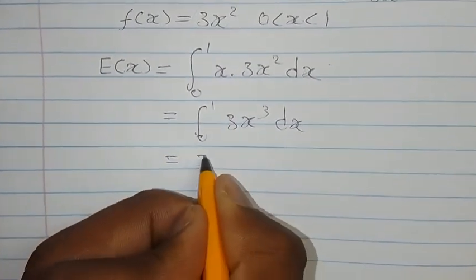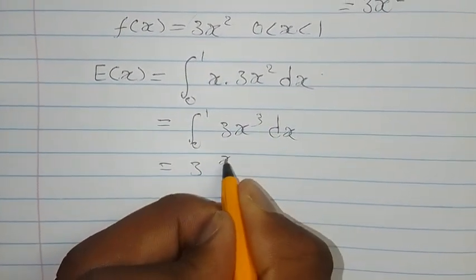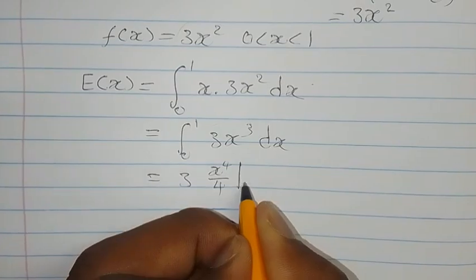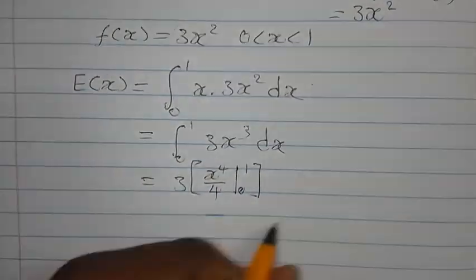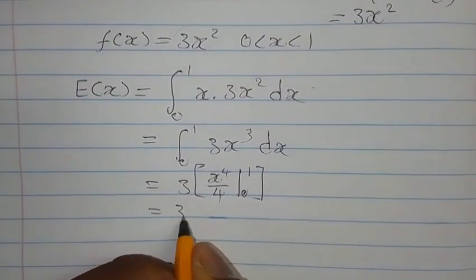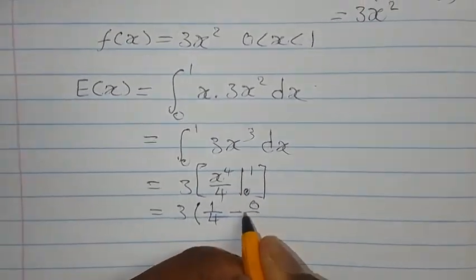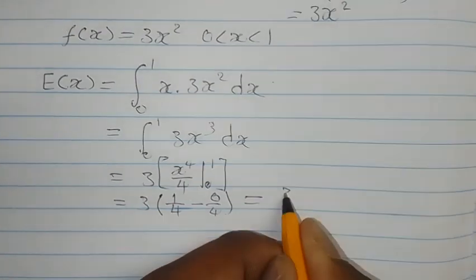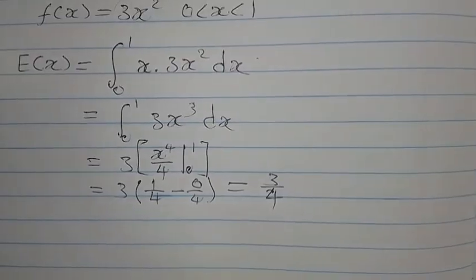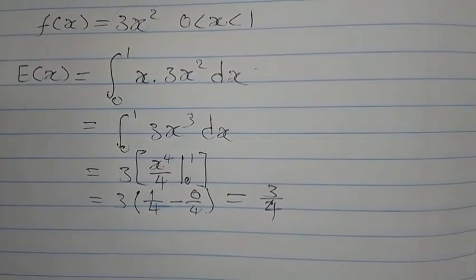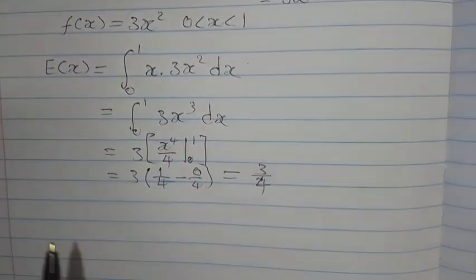We take the constant outside and integrate x cubed, which is x to the 4th over 4, and we substitute the boundaries in. We have 3 times 1 to the 4th, which is 1, so we have 1 over 4, and 0 to the 4th is just 0. Then the expected value of x will be 3 over 4. So that's how we find the expected value of x.